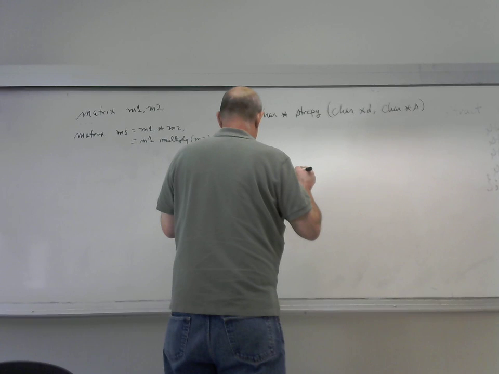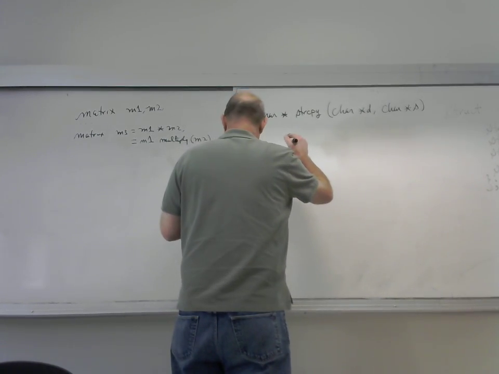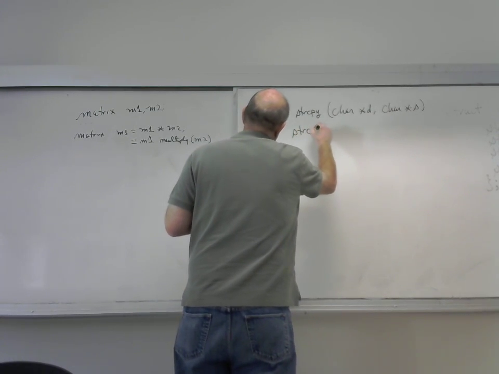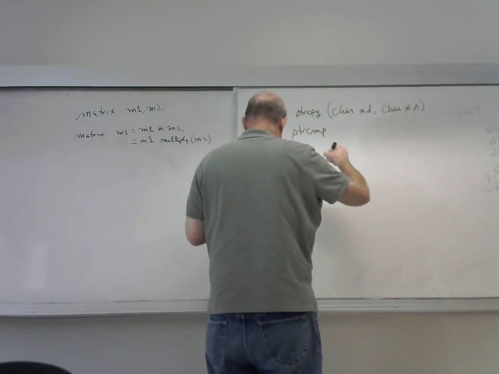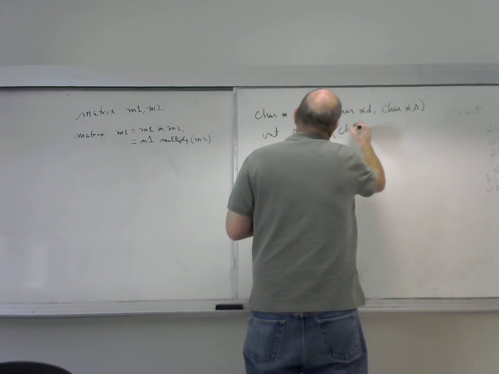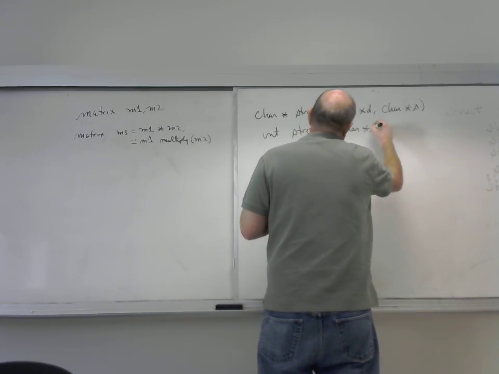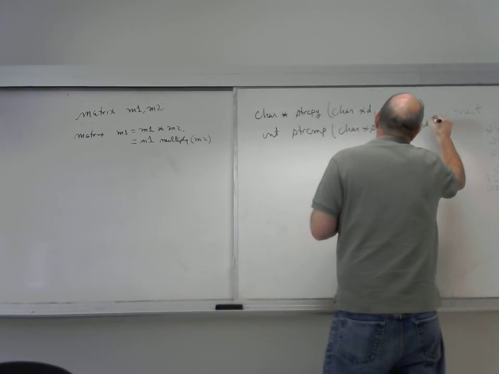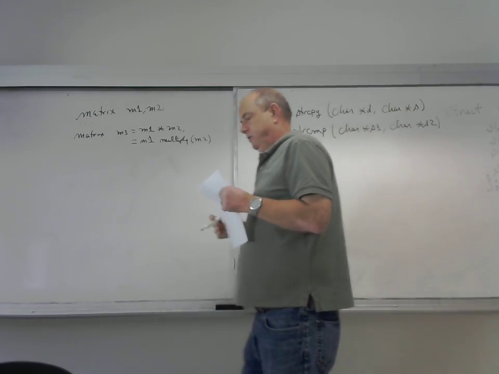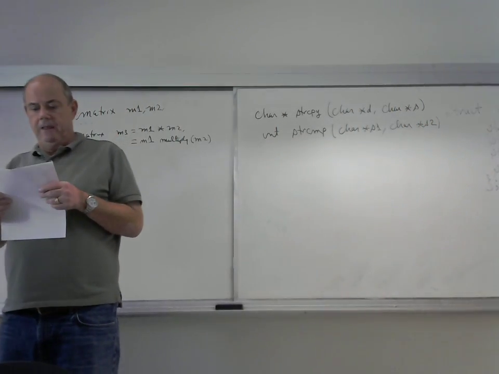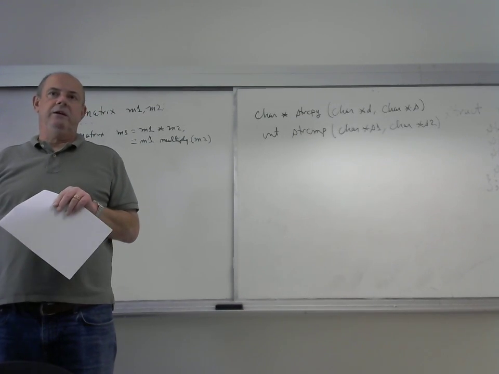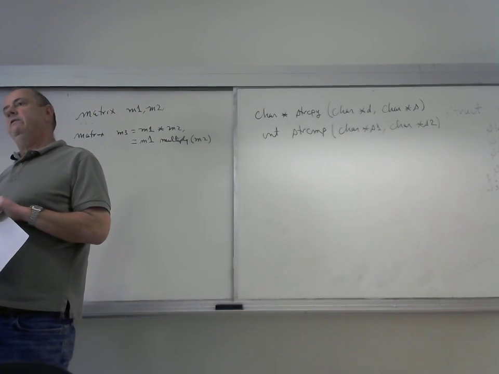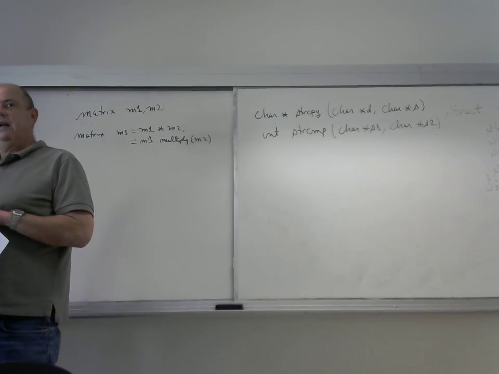And then string compare. Compares the two strings and returns an integer. It returns a negative if the first string is less than the second string, a 0 if they're equal, and a positive number if the first one is greater than the second one.